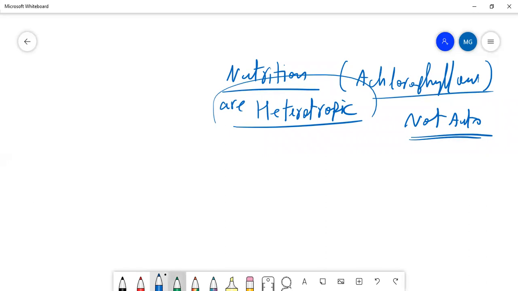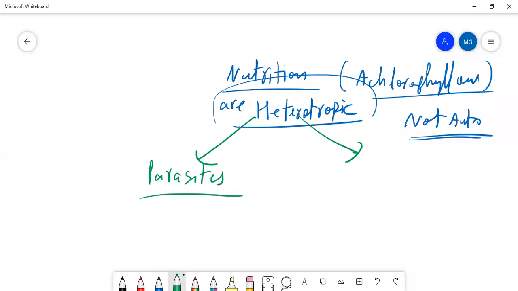Now heterotrophs can be of two types. Either they can be parasites, since they need food but cannot make it. Parasites will grow on living bodies; they need living tissues for survival. Or they can be saprobes, saprophytes.